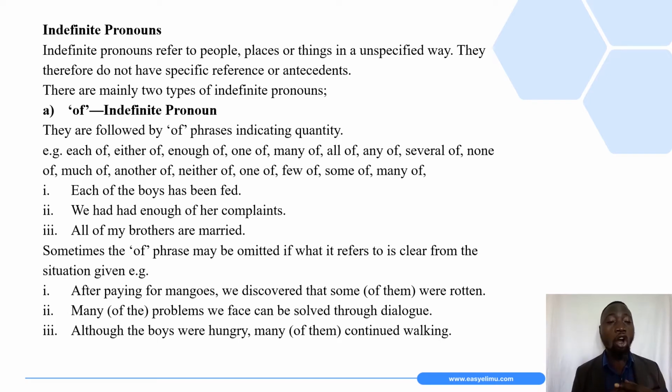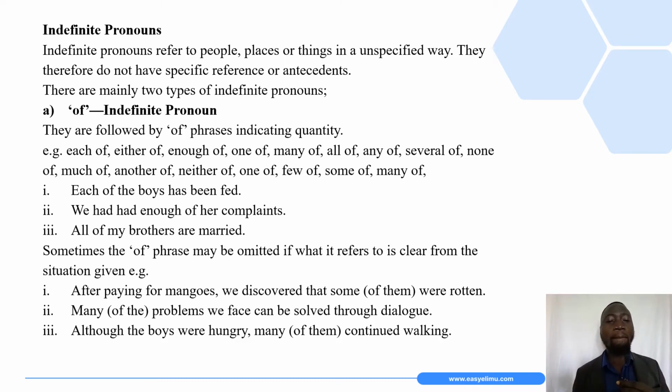Talking about the "of" indefinite pronoun, we are made to understand that they are followed by "of" phrases, meaning that these are phrases that start with the word "of", indicating quantity.